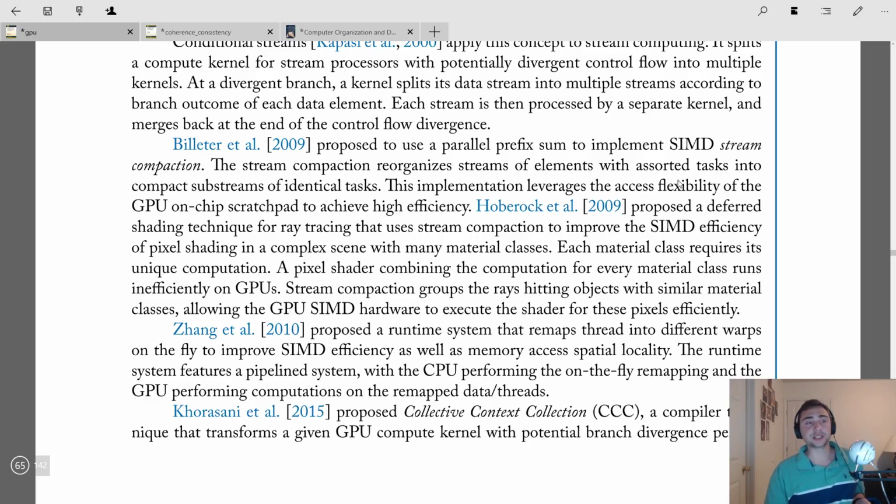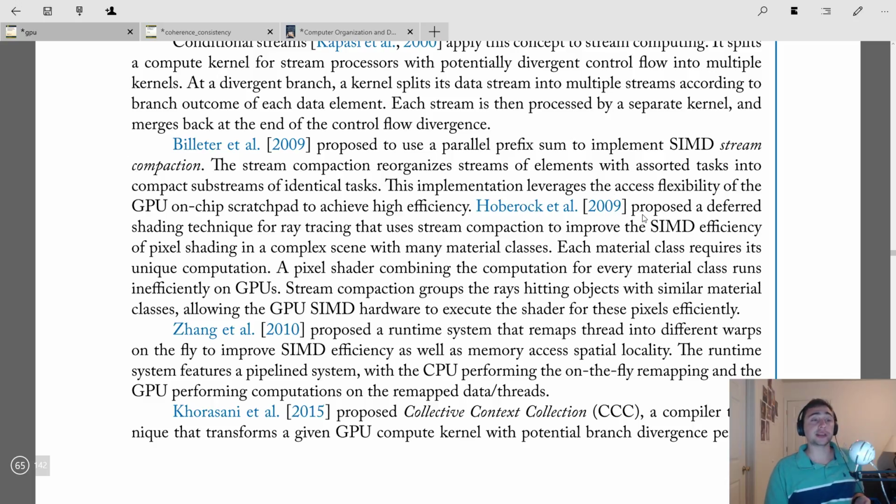This implementation leverages the access flexibility of the GPU on-chip scratchpad to achieve high efficiency, right? So we've got this shared memory, the scratchpad memory. What if we can use it to solve other problems rather than just fast access to data, right? What if we can use it to handle things like warp compaction, right?